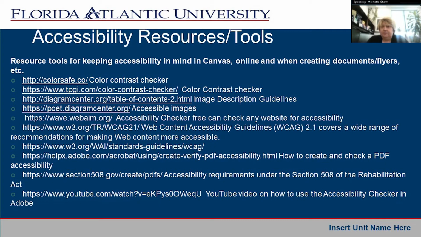There's also one for image description guidelines. If you're doing the alternative tag for an image file within your document, it gives you tips on how to write good descriptions, because you don't have to write, this is an image of a girl. You can just put a girl standing holding a book while someone sits next to her with his hand in the air.